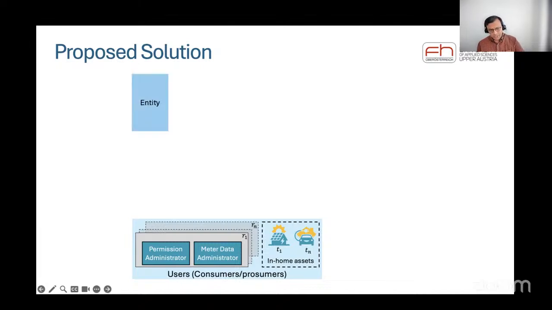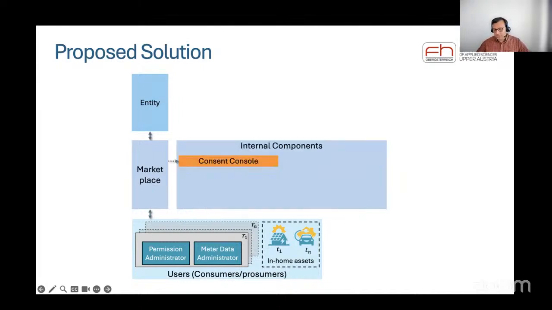So each region, ranging from R1 to Rn, has different permission administrators and metadata administrators. And it's not so easy for an entity which wants to establish a microgrid to connect to each of those data hubs. So our proposed solution is that the entity can talk to the marketplace, which we also developed, through a module called Consent Console.